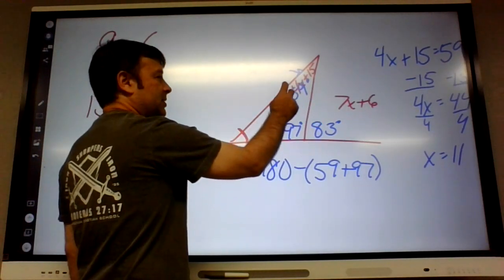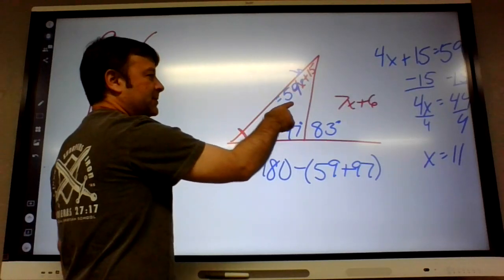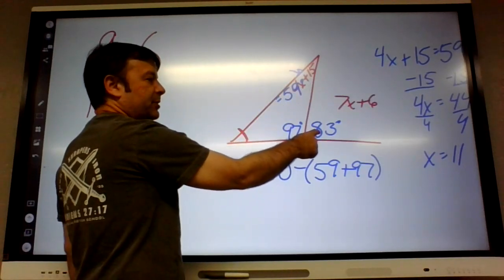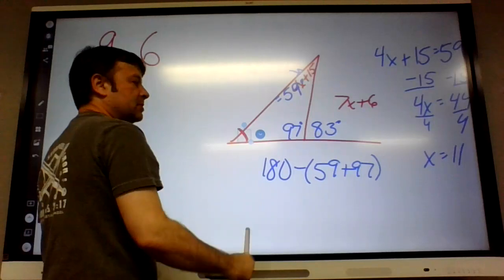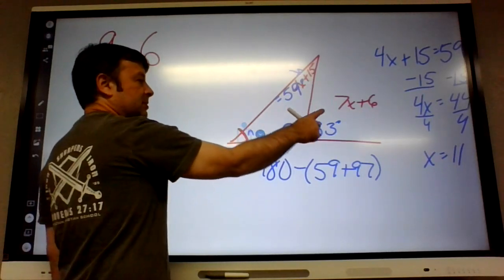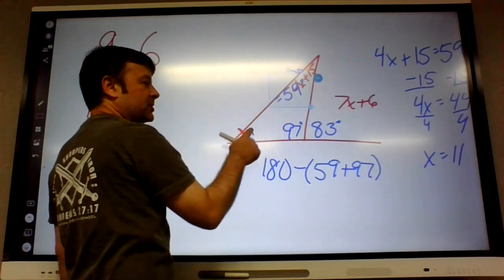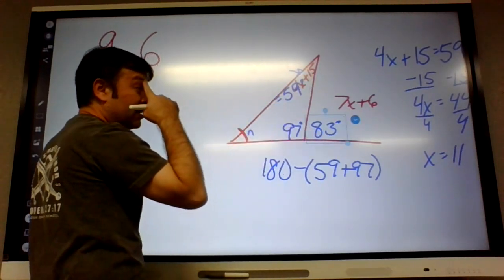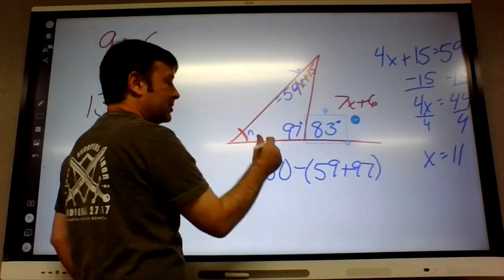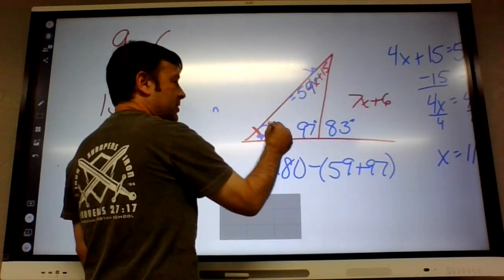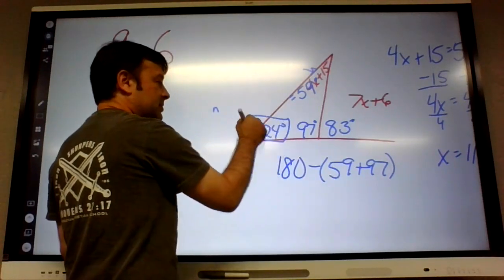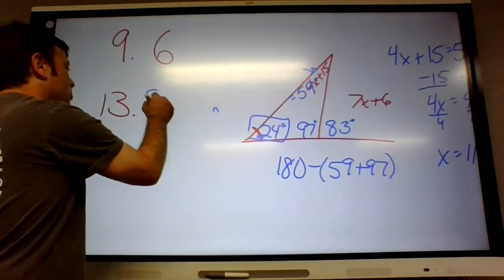Probably not, this is a different chapter. We had the exterior angle theorem. 83 should equal the sum of these two remote interior angles, like this plus this should equal 83. So 83 minus 59 would also give you the answer, or this is fine. But either way it comes out as 24 degrees.